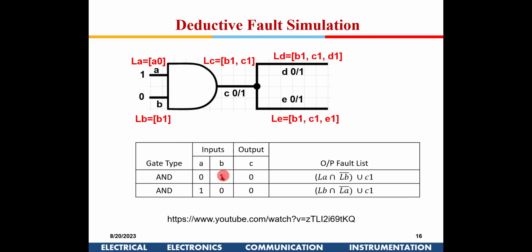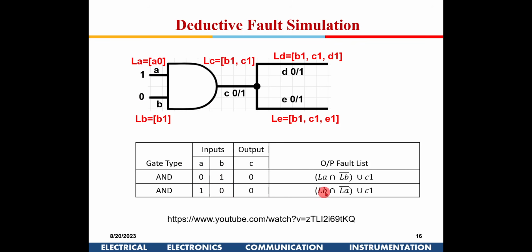Now I am giving a different test vector, 1, 0. Then the fault list corresponding to A here will be A0, and B1 here. Now B1 and C1 can be detected here. Earlier, since this was 0 and 1, it was A1 and B1. Now for this particular test vector, B1 and C1 can be detected, right?